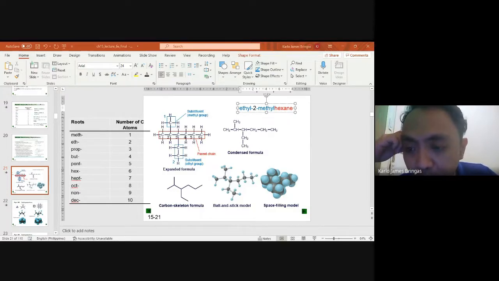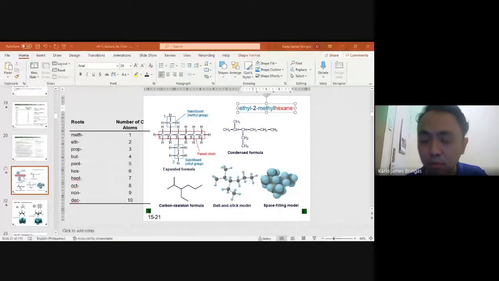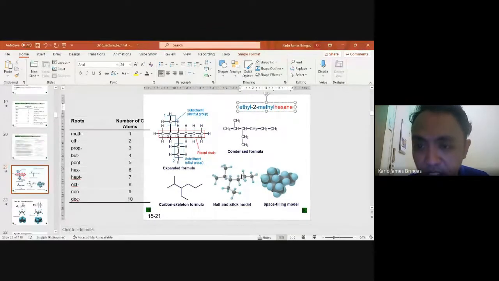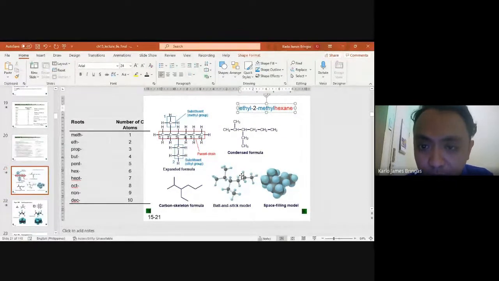So to what carbon in the parent is the ethyl connected to? So please type your answer sa chat box. So we have Ivy and John agreeing with Crystal. So si ethyl nakakabit siya kay carbon number 3.